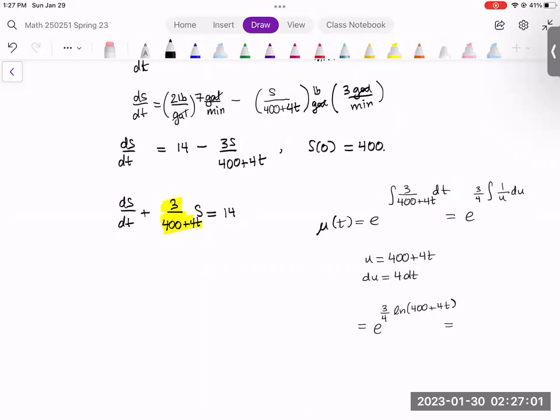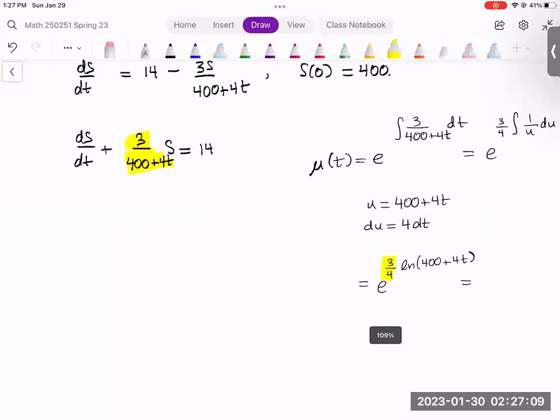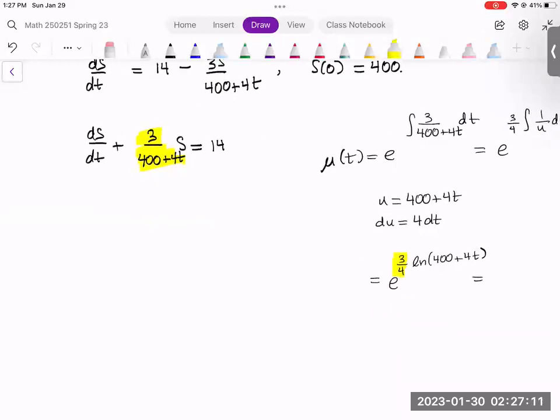Okay, now before we can simplify this, we have this 3/4 that is in the way, right? E to the natural log, these functions are inverses of each other. But when we have that coefficient of 3/4, we can't apply this inverse property. So we have two options.